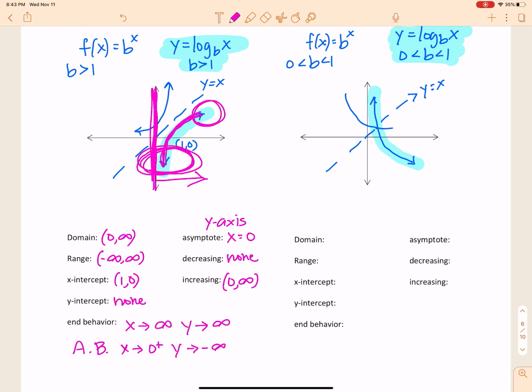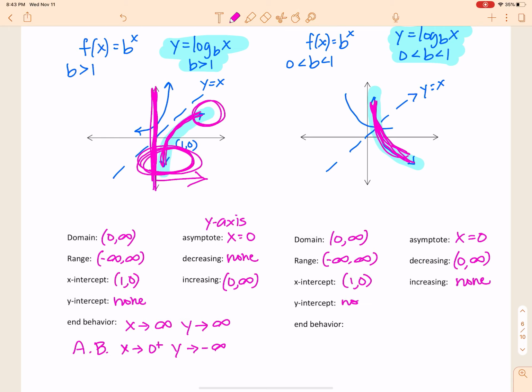Now we're going to do the same thing over here with this function. The domain is still 0 to positive infinity. I still have an asymptote at x equals 0. The range is still negative infinity to positive infinity, and it is decreasing this time as I move from left to right. So from 0 to positive infinity, it is decreasing. It is not increasing. The x-intercept again is (1, 0).